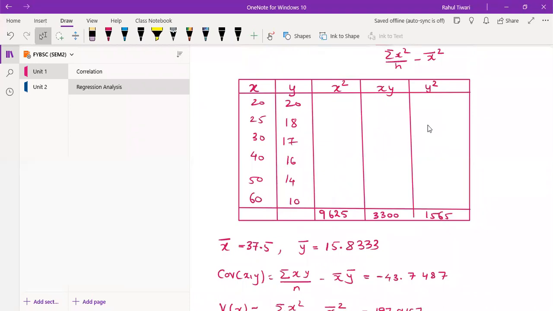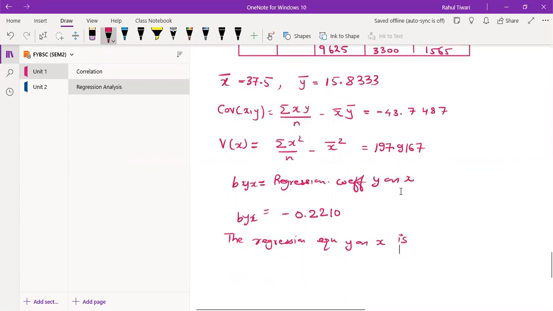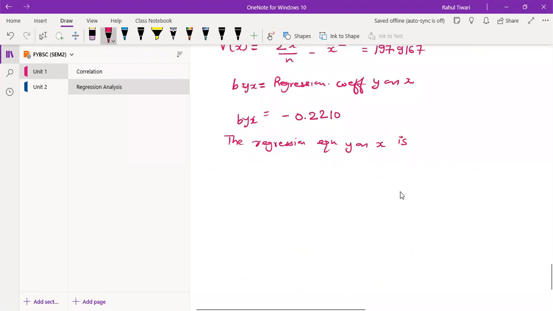I'm not writing the other things because we can calculate them easily. Therefore, the regression equation y on x is given by y minus y bar.